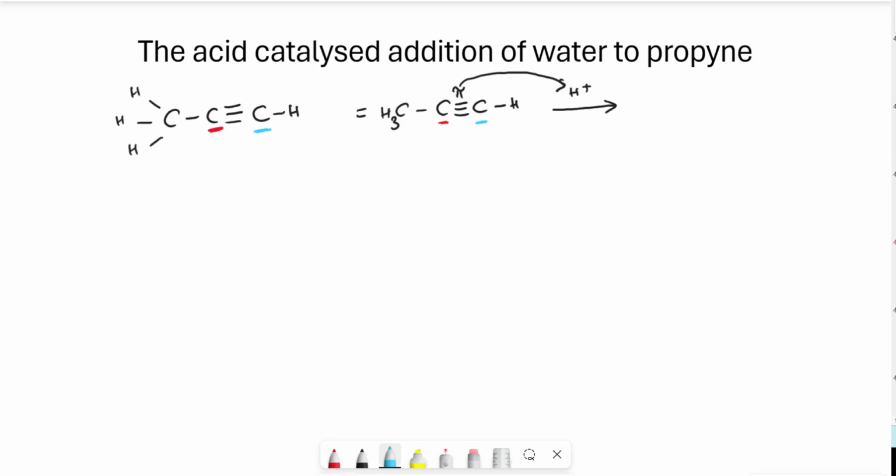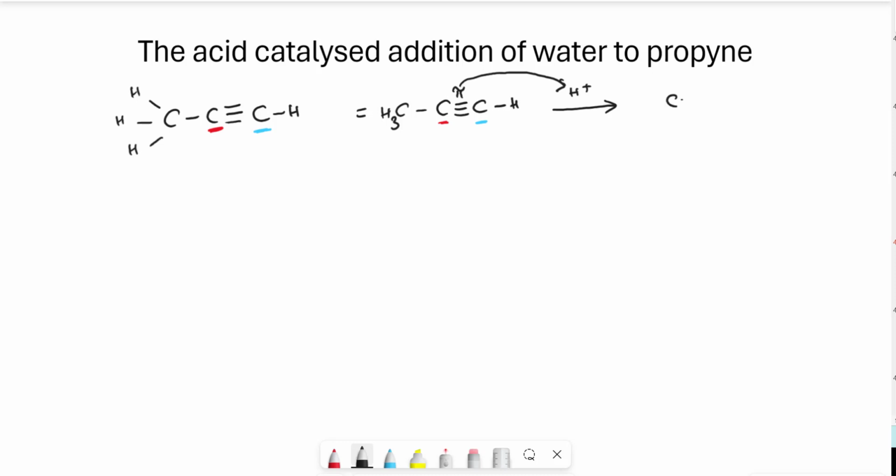So just while we're getting used to things, I'm going to draw out both possible carbocations, and we're going to identify which one is most stable based on Markovnikov's and based on the increasing stability of a carbocation based on its neighbouring carbons. So I can have 2 possibilities.